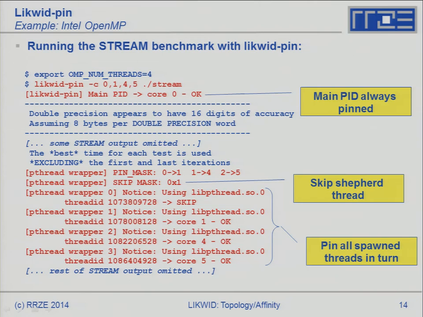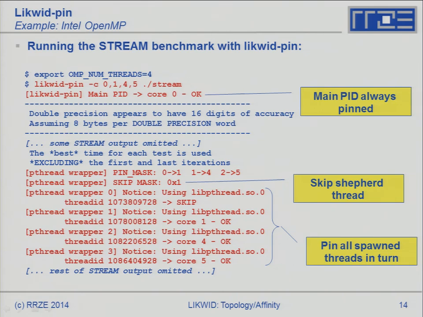This is diagnostic output. You can switch it off with -quiet. And it tells us it pins the main process ID to core 0. That's always done. So the main thread that's being started when you start your executable is always pinned to the first core in the list. This is core 0 in this case. Then the program starts running. The blue stuff is output from the benchmark, so from the program.